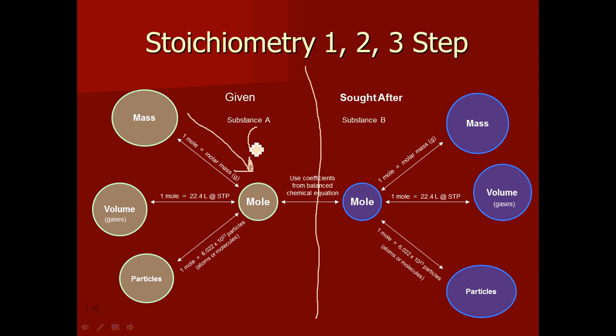And by it, I want you to put 1 mole over grams. That means that when I convert from mass to mole, I will always have 1 mole on top over some number of grams. It's just the trick that we're always going to use.